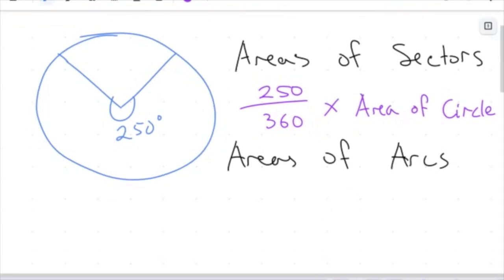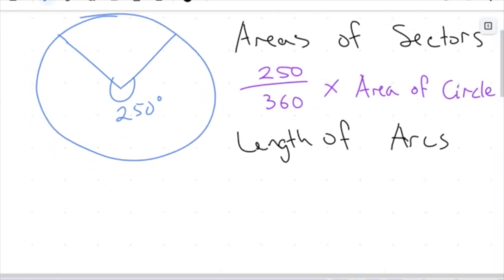Now, when we look at arcs here, just a reminder, the arc is just a portion of the outside of the circle. It doesn't make up the whole circumference, but it makes up a portion of it. And we said in a previous video that the way we find the length of the arc, not the area of the arc, because an area talks about space, a length is just the border here.